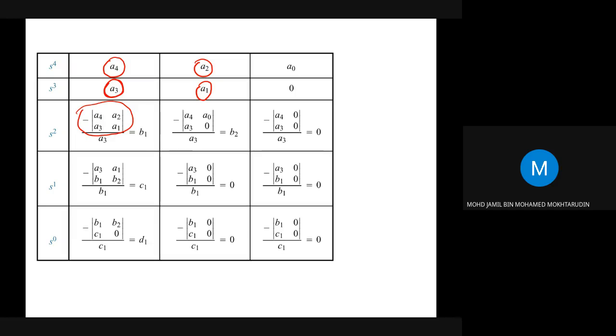And then on the next column, you need to find the determinant of A4, A0, A3, and 0 minus divided by A3. And then for the last column, you find the determinant of A4, 0 here, because you don't have anything here, so you put 0, A3, and 0 divided by A3.